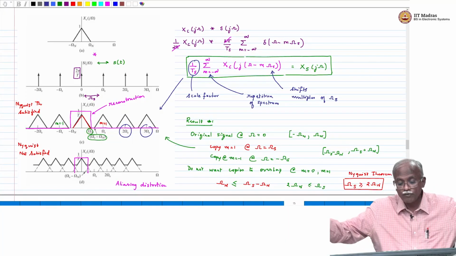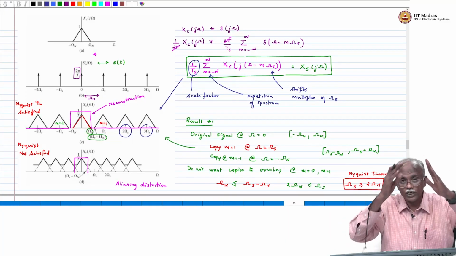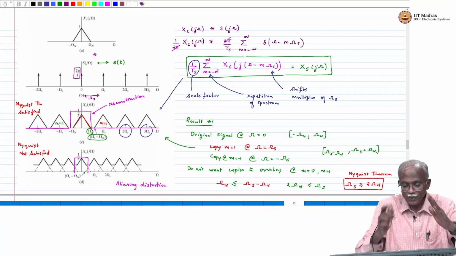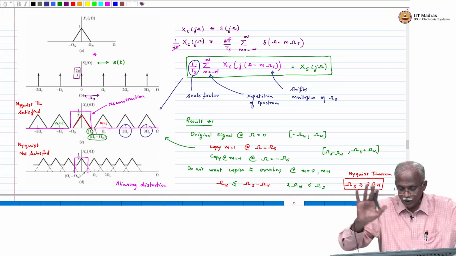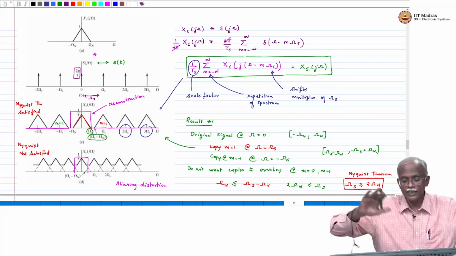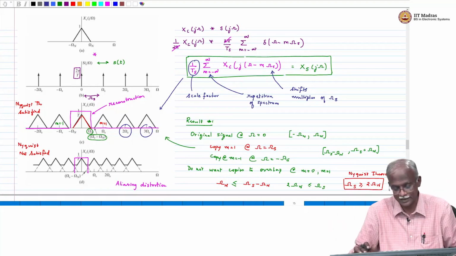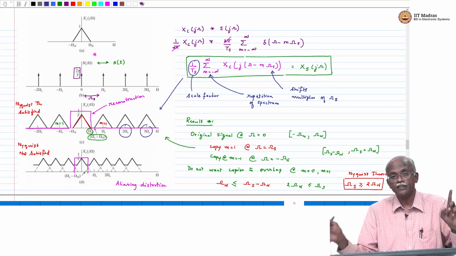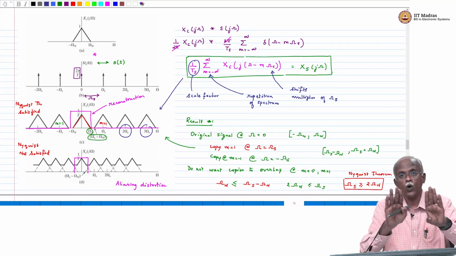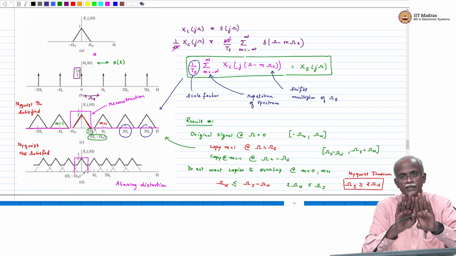you get an infinite number of copies of the original spectrum. These copies are scaled by a factor 1 over ts, and the copies are all centered around multiples of omega s. If omega s satisfies Nyquist criterion, then there will not be any overlap of these copies.